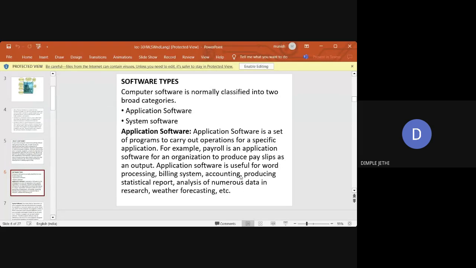For desktop publishing, for printing purposes, or if you are in banking, you need different software. These are for some particular purpose. If you want it, you can buy it. If you don't need it, your system will work without these softwares also.